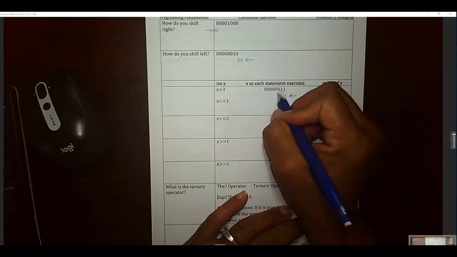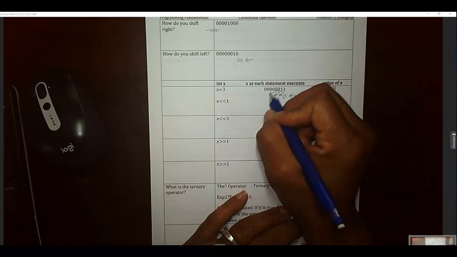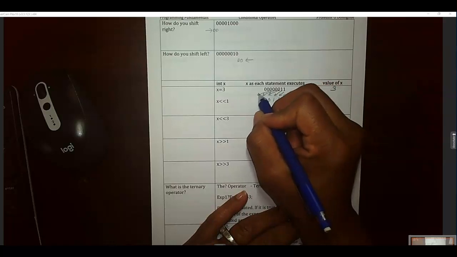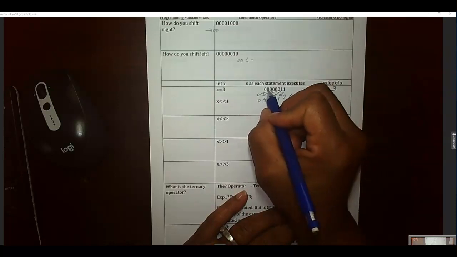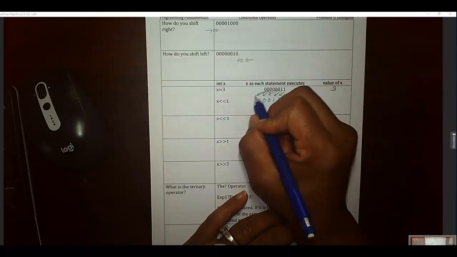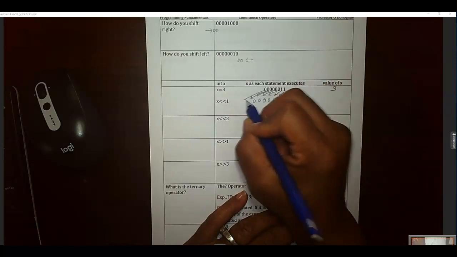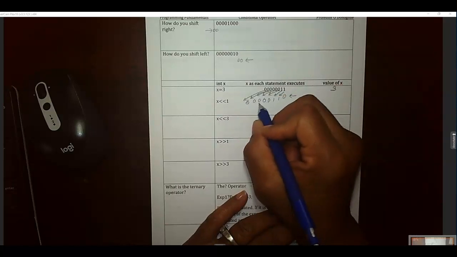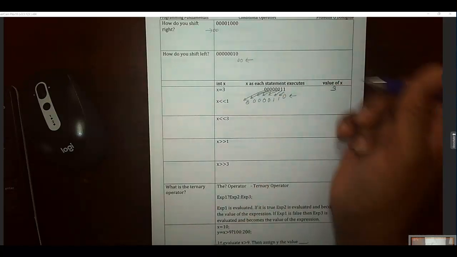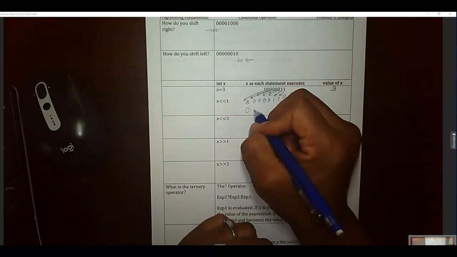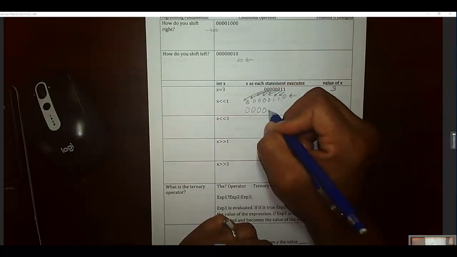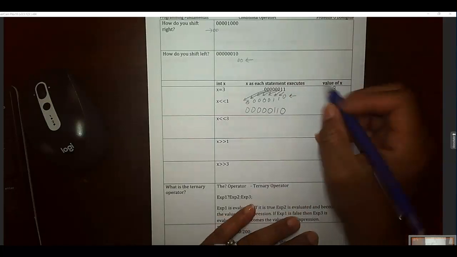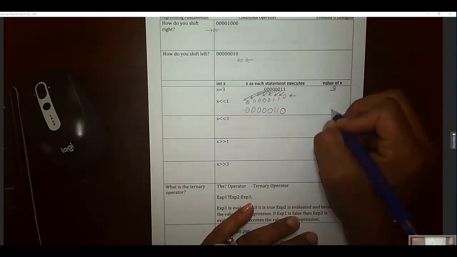So this 1 goes here, this 1 goes here, this 0 goes here, 0, 0, 0, 0. Okay, so we got 1, 2, 3, 4, 5, 6, 7, 8. All right, so our new number, kind of messy, let me write it again: 0, 0, 0, 0, 0, 1, 1, 0. So the value of that binary number is 6.